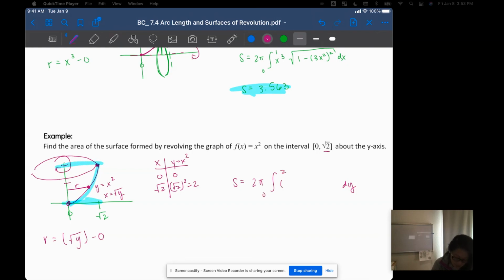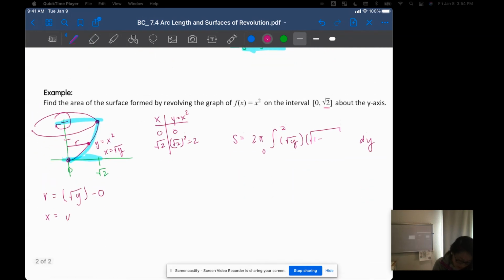My radius is the square root of y. And then I need to multiply by the arc length, so the square root of 1 plus f prime. But guess what? We're written in terms of y. So I need to say that x is equal to y to the 1/2 power. Take the derivative of both sides. So x prime is equal to 1/2 y to the negative 1/2 power.